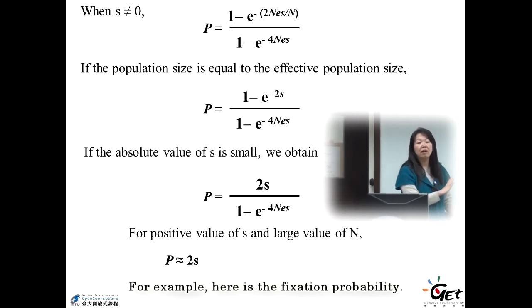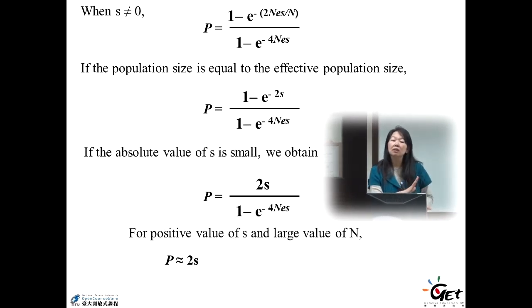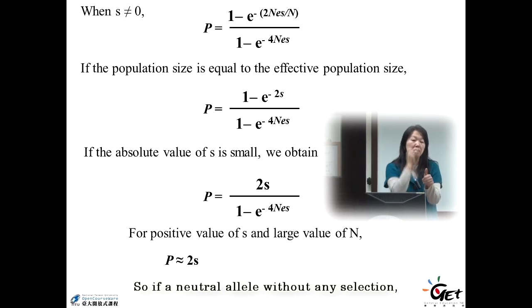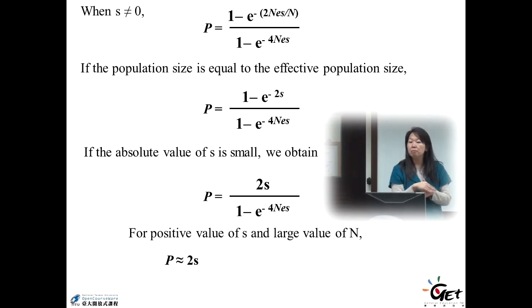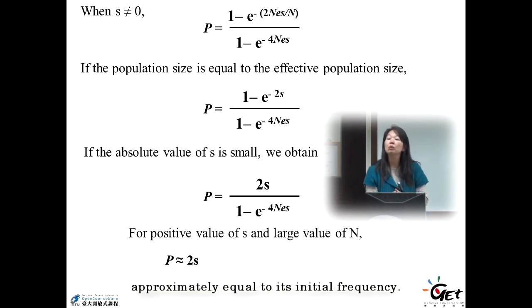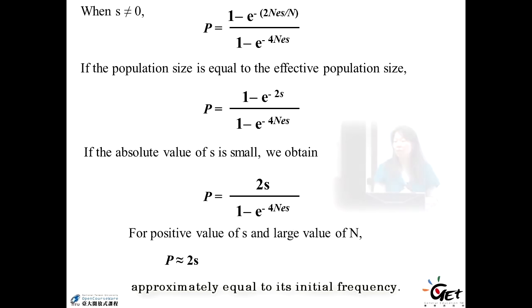For example, here is the fixation probability. If a neutral allele, let me repeat again, if a neutral allele without any selection, then the fixation probability is approximately equal to its initial frequency.